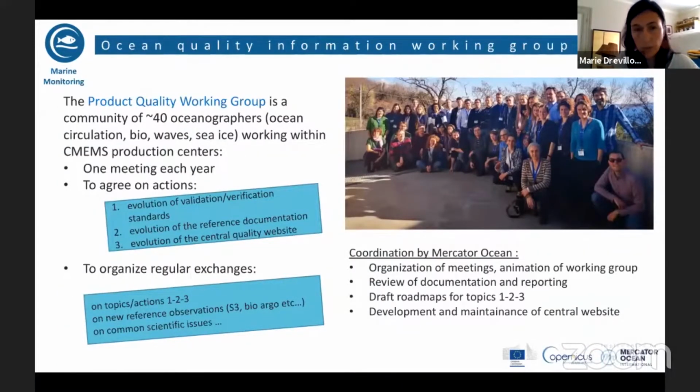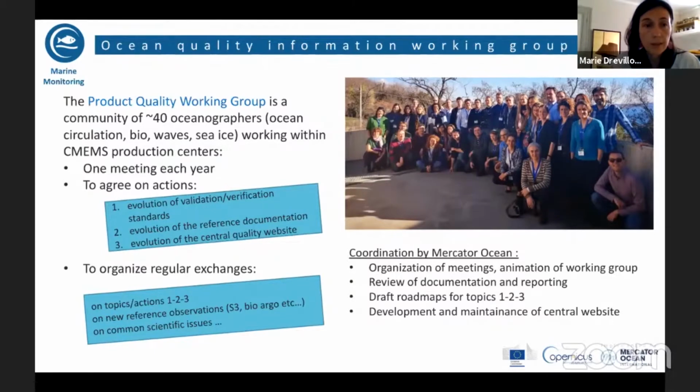So to deal with product quality, we are relying on a team's work. What we call the Product Quality Working Group is a community of 40 people working in production centers of the Copernicus Marine Service. We meet once a year and we agree on the validation standards, the verification procedures we are using.